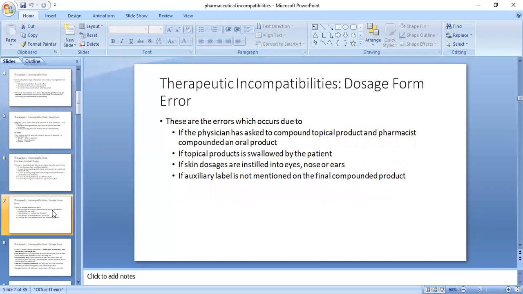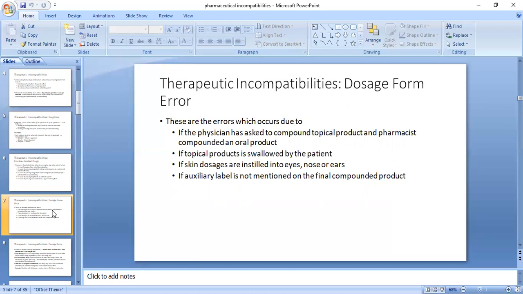There is another therapeutic incompatibility, that is dosage form error. These are errors which occur if the physician asked to compound a topical product and the pharmacist compounded an oral product. This is a dosage form error.